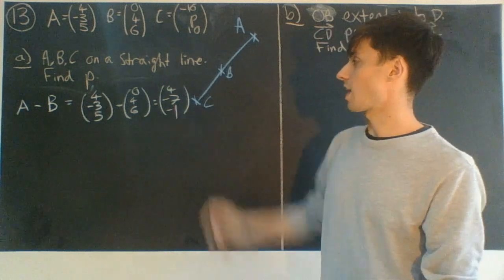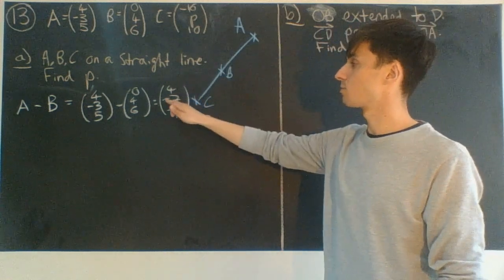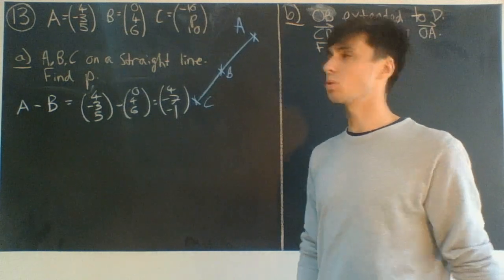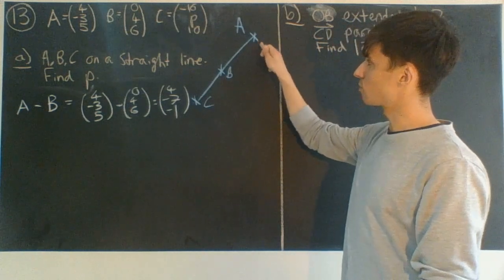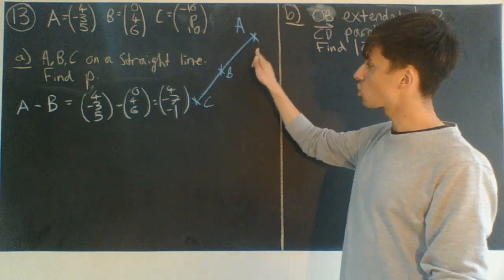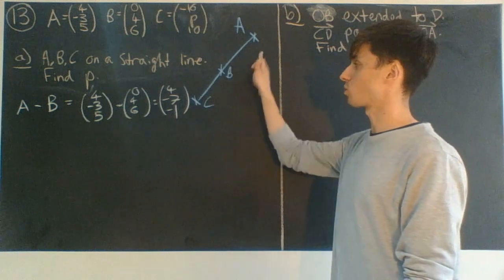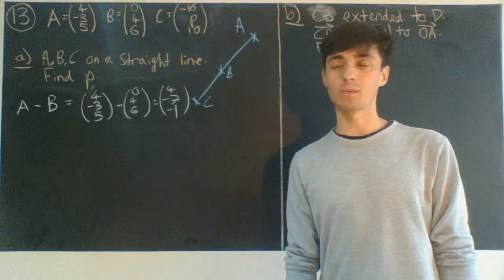That tells us the direction vector of this line is 4, -7, -1. And what's really important for us is that if we travel from A, we can go some multiple of this direction vector, 4, -7, -1, and we'll end up at C.